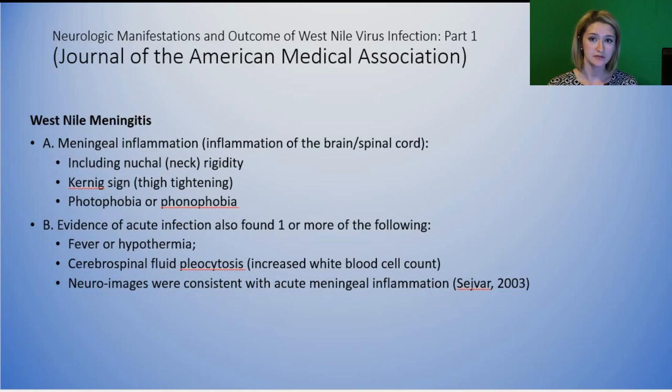Kernig's sign happens, which is thigh tightening. Photophobia and phonophobia are also symptoms of this disease. Evidence of fever or hypothermia and increased white blood cell count, and neuroimaging were also consistent with acute meningeal inflammation.